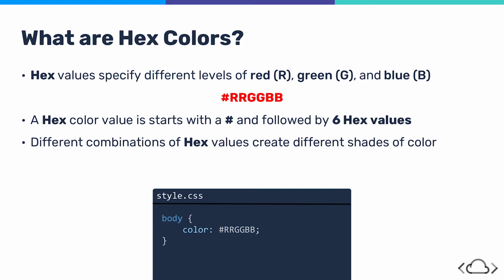Now you might be wondering why we use this system called hex. It's short for the hexadecimal numbering system. Hexadecimal represents a system of counting using 16 values from 0 to F, which is counted from 0 to 9, then A through F. Converting this to the normal decimal system, it's 0 to 15.